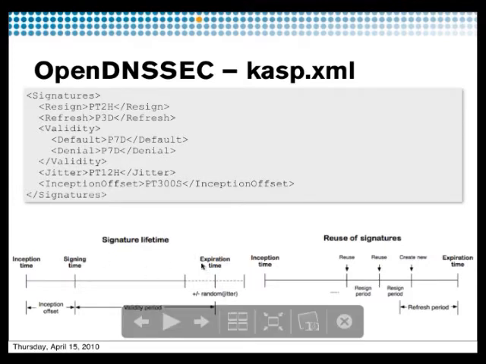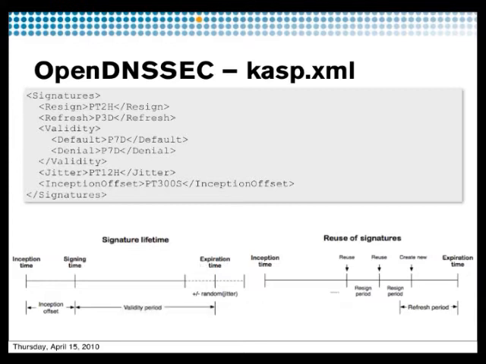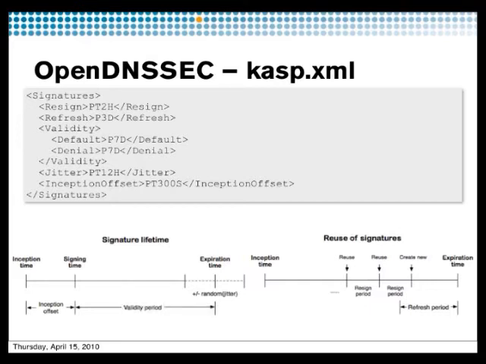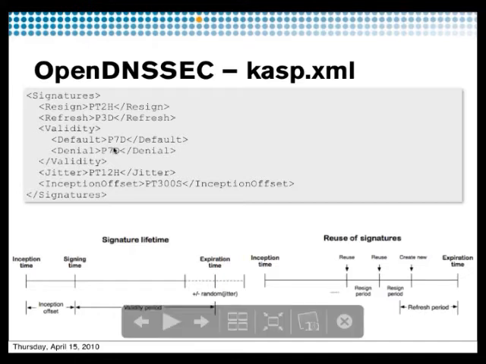The next thing you want to know is when should the signature expire? And that is what you specify in the validity. And you can specify it differently. You can have one validity for your NSECs, that's the denial, and the rest of the zone will get the default value that is specified here.